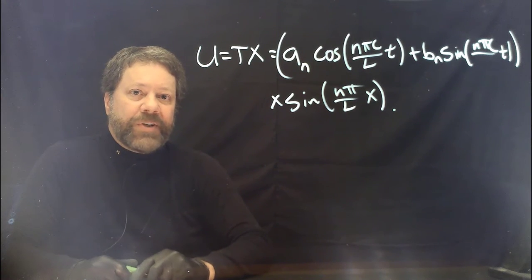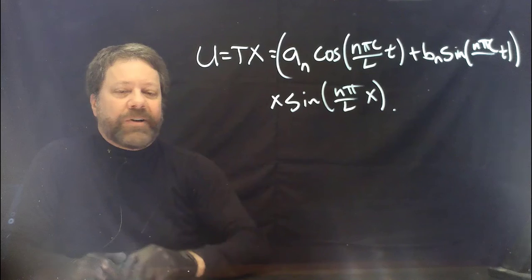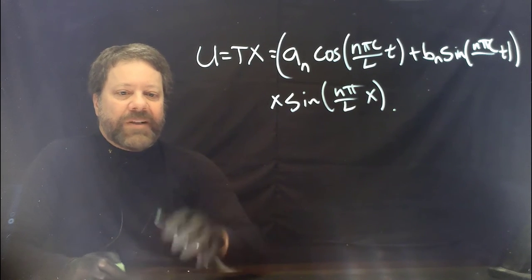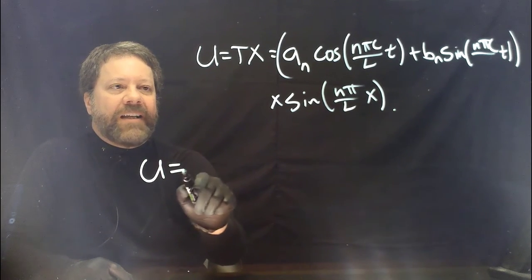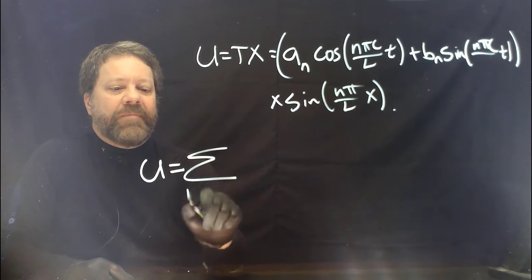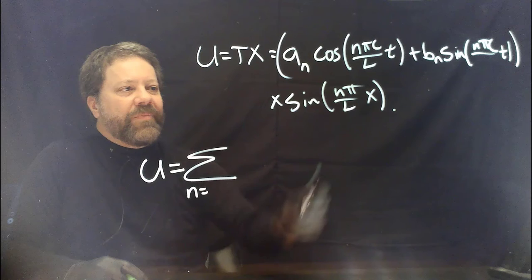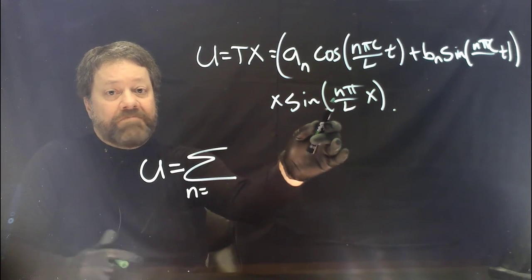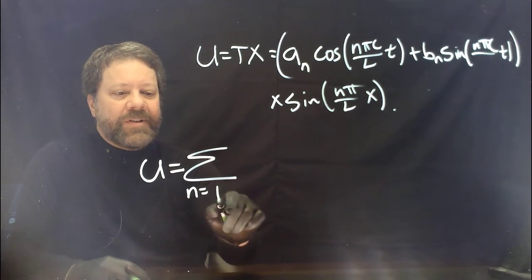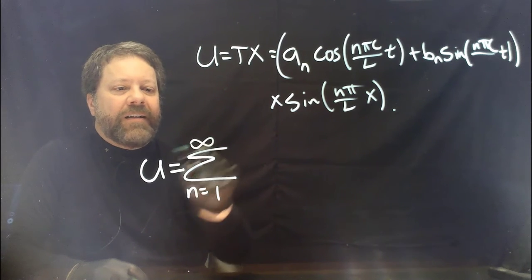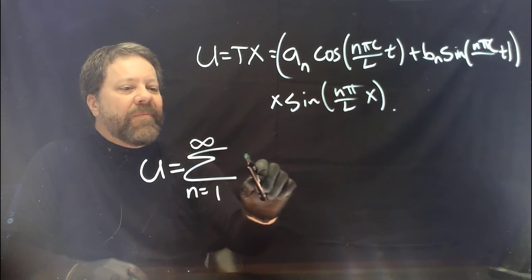Because of the superposition principle, an arbitrary sum of these must also be a solution. We can take u to be an arbitrary sum over n. Let's see, what happens if n is 0? If n is 0, we'll get nothing. So we can start at 1 and go to infinity.